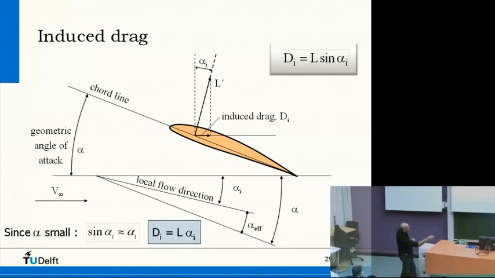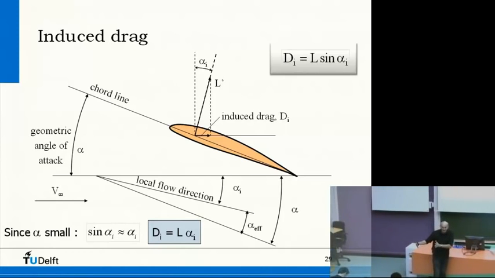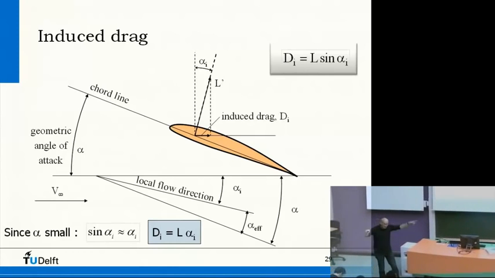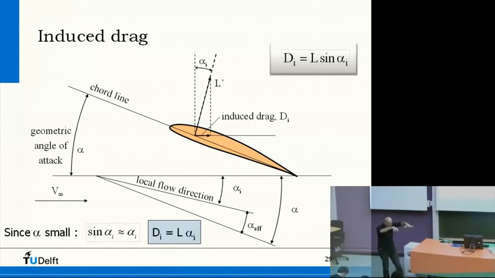So this induced drag, which can be quite significant, is D_i equals L times alpha_i. Because there is an end to the wing, we have a wing vortex. This wing vortex on both sides induces a flow field also going down. And because of this flow field going down, the local angle of attack that the wing sees is different, is an effective angle of attack.